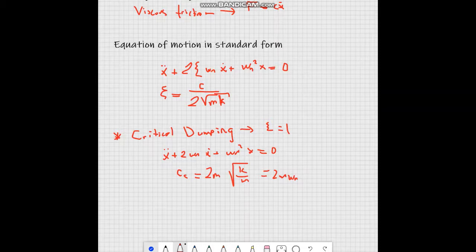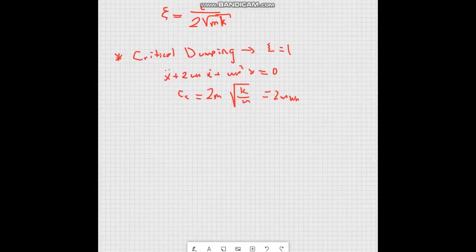And what else can we cover? We can cover the solutions for overdamped, which is when psi is bigger than 1. If it is critically damped, psi is equal to 1. And if it is underdamped, psi is smaller than 1.